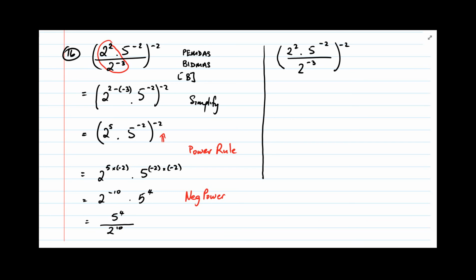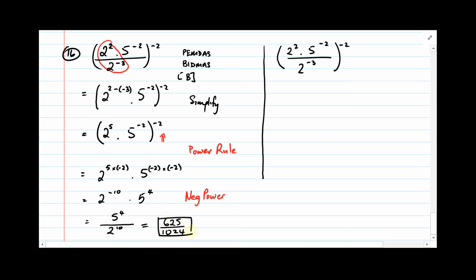Alright, so we could simplify this a bit. If we evaluate this, 5 to the 4th would be 625, and 2 to the 10th would be 1024.